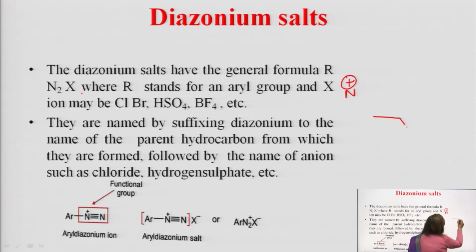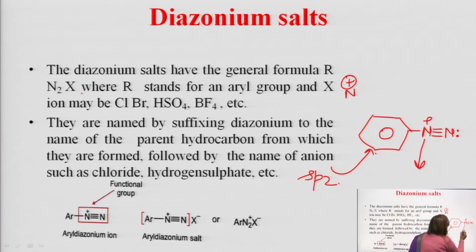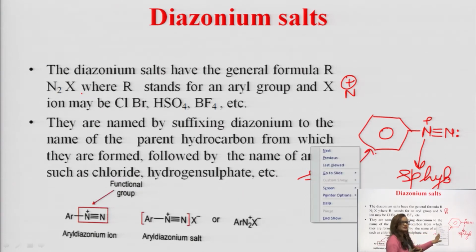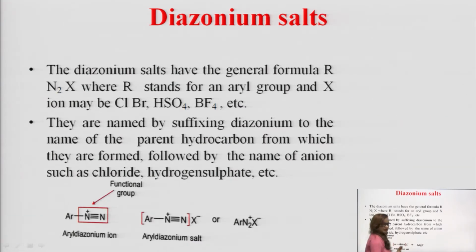And if we see the structure of aryl diazonium salt, one more thing you must keep in mind is that the carbon in the benzene ring is sp2 hybridized, and the nitrogen here is sp hybridized, right?